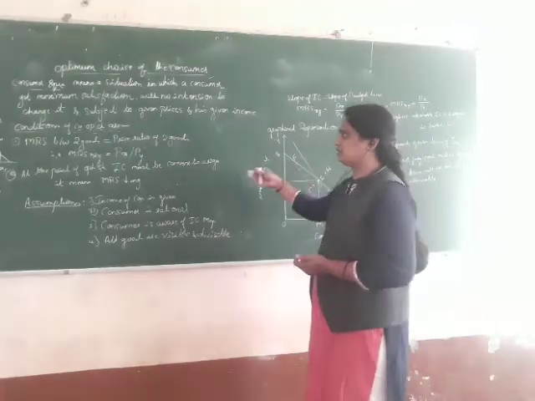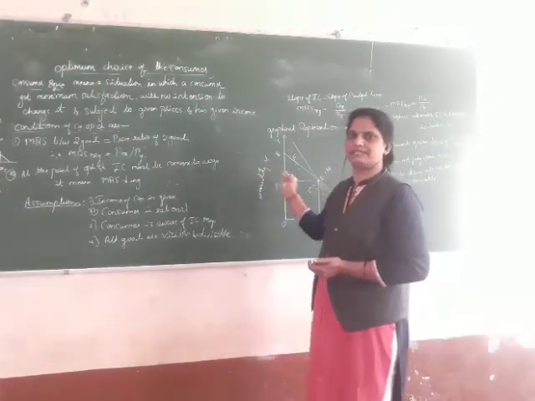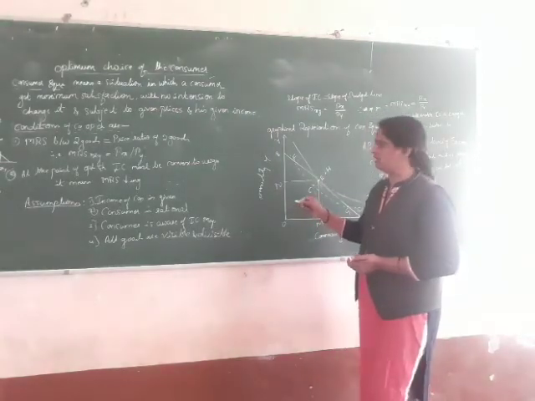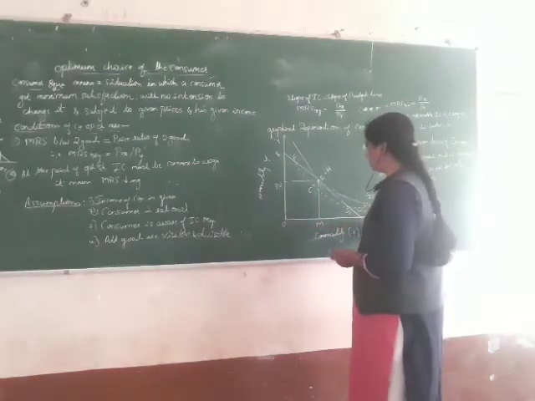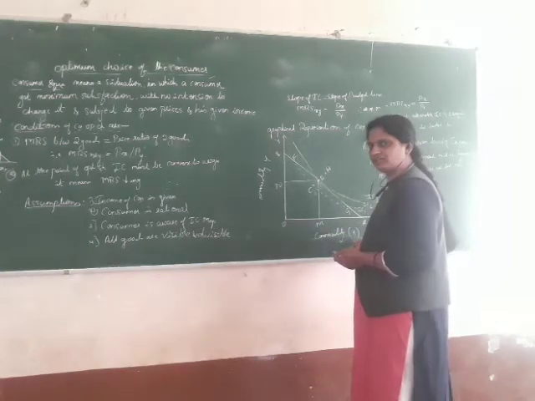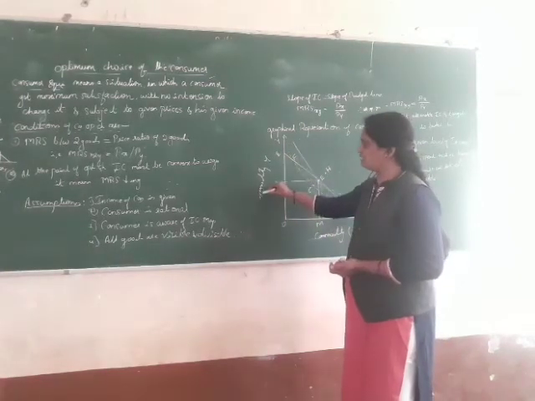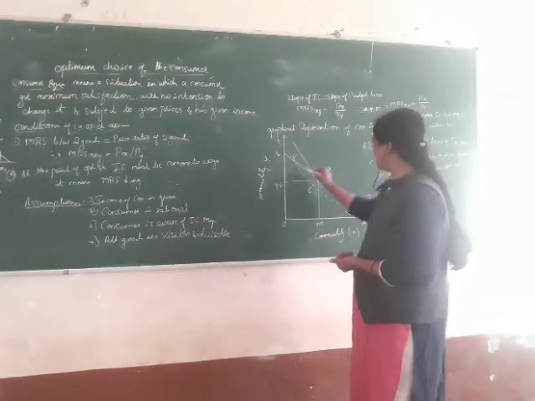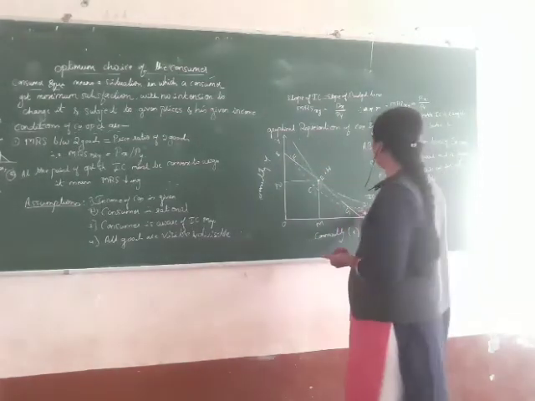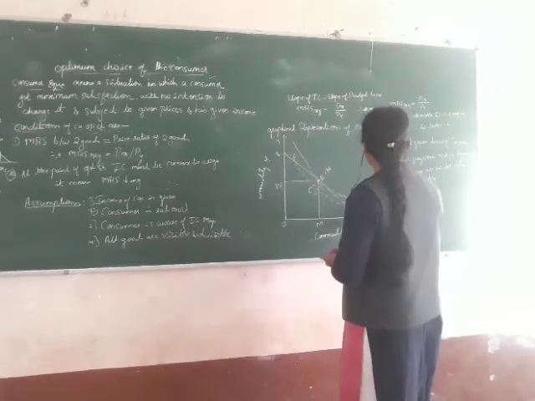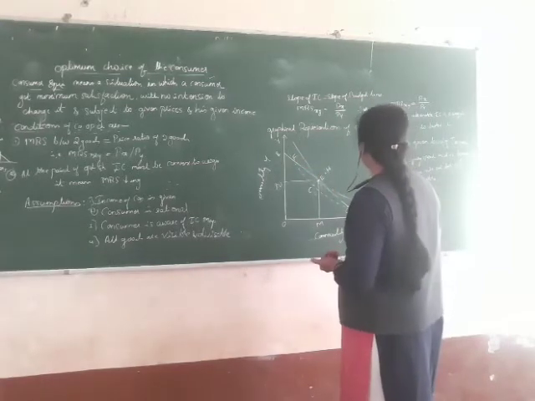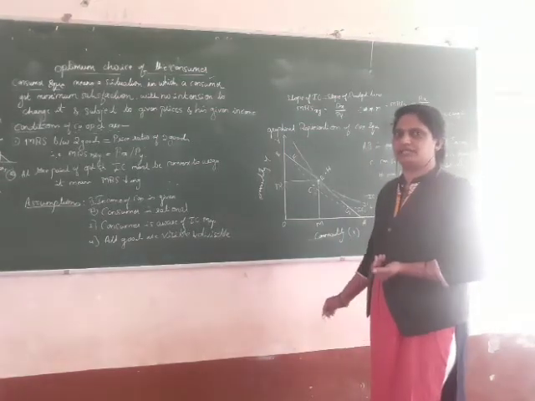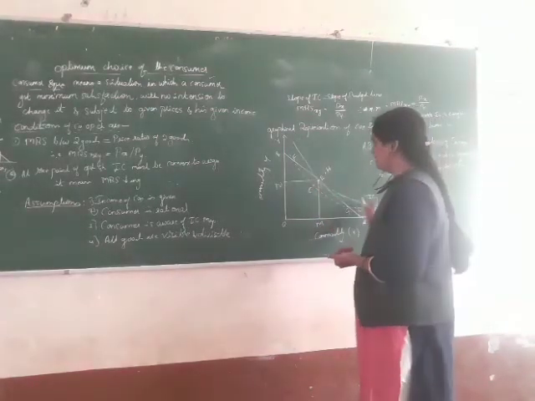Next, the same statement can be explained with the help of this diagram. In this diagram, on the OX axis commodity X is measured, and on the Y axis we are measuring commodity Y. Now, AB is the budget line, which represents the given level of income of the consumer.